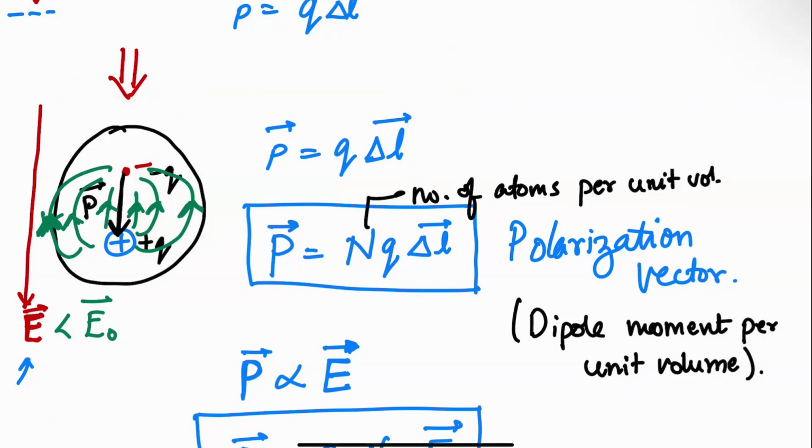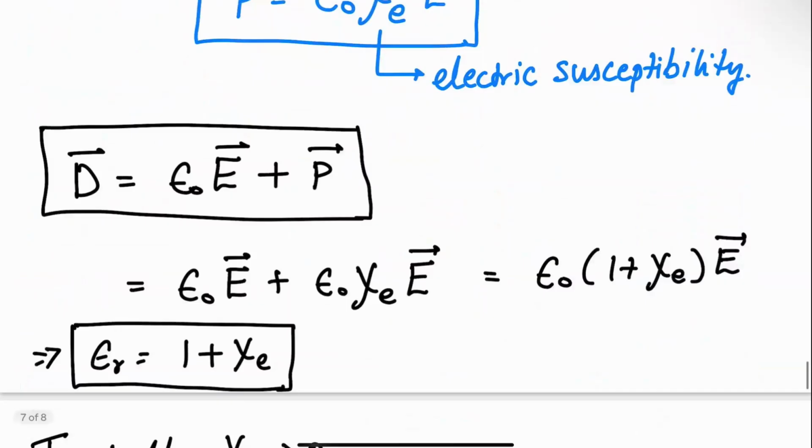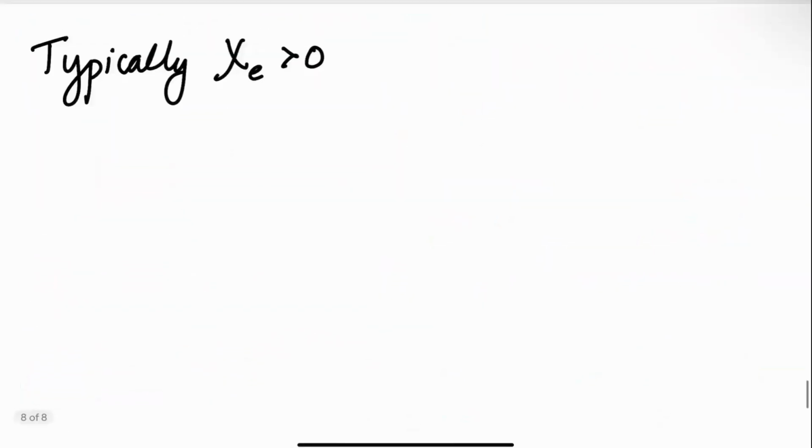And that's the reason the polarization vector is in the same direction, which means that chi is greater than 0, right? Now, for chi to be less than 0, that would have to mean that when I apply an electric field, the electron wants to move in the direction of the electric field and the positive charge wants to go the other way. That doesn't really make sense, right? Why would an electron go towards negative charge? Which means that epsilon_r is greater than 1, right?